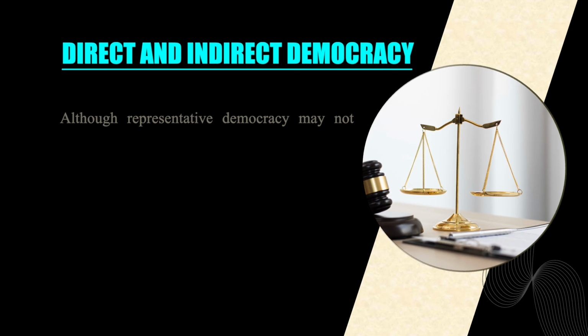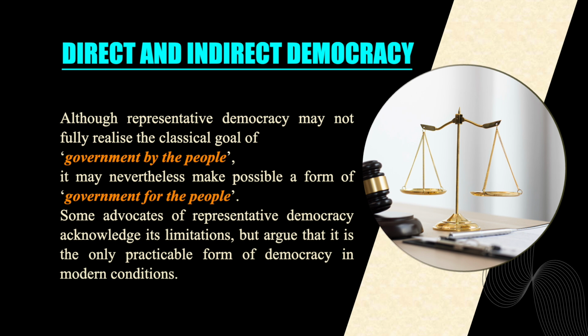Quite simply, the public has the ability to kick the rascals out, a fact that ensures public accountability. Although representative democracy may not fully realize the classical goals of government by the people, it may nevertheless make possible a form of government for the people.